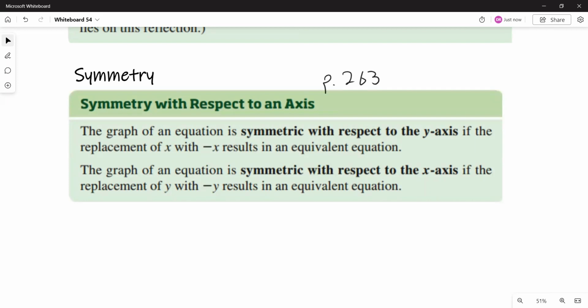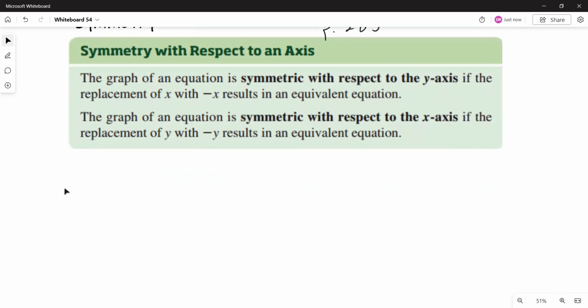The graph of an equation is symmetric with respect to the y-axis if the replacement of x with -x results in an equivalent equation. And the graph of an equation is symmetric with respect to the x-axis if the replacement of y with -y results in an equivalent equation.